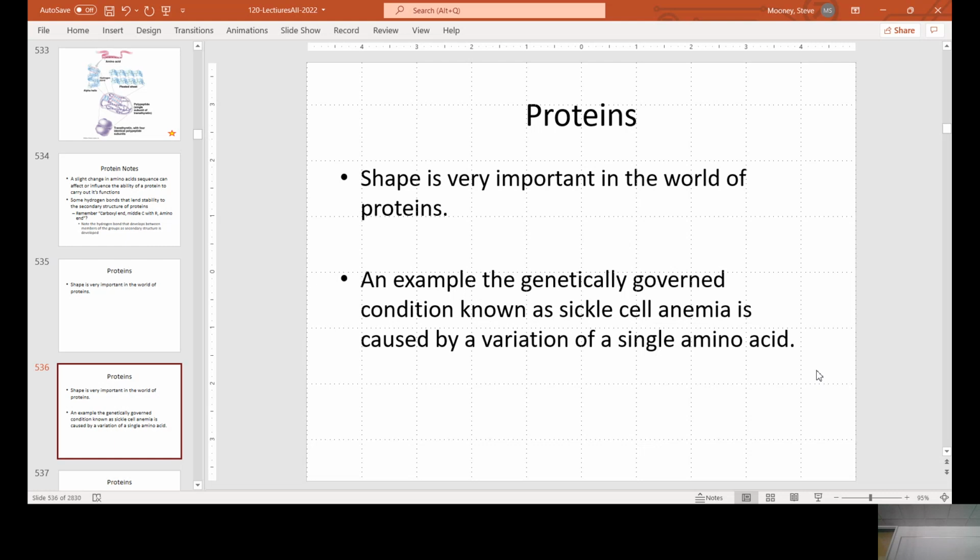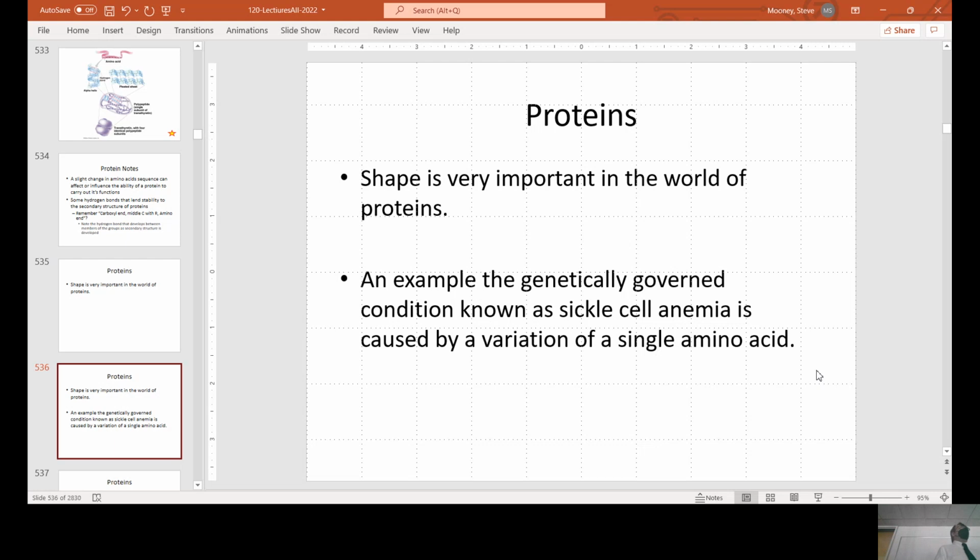We have its function. So we have a genetically governed condition called sickle cell anemia. The difference between those with sickle cell anemia and those that don't have that condition is the hemoglobin molecule, the subunits that make it up.